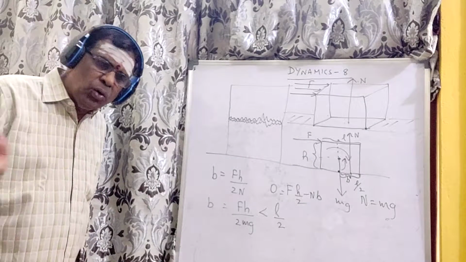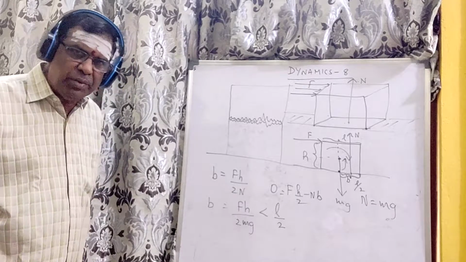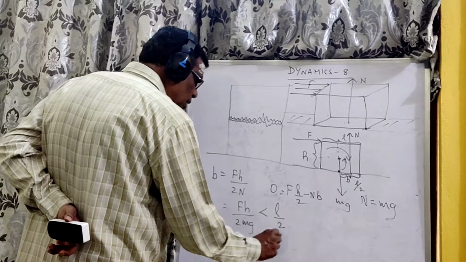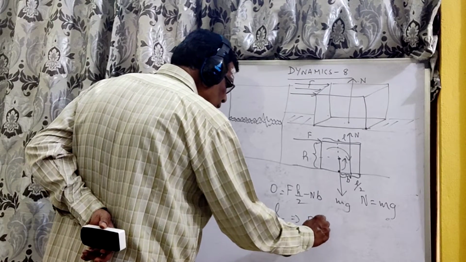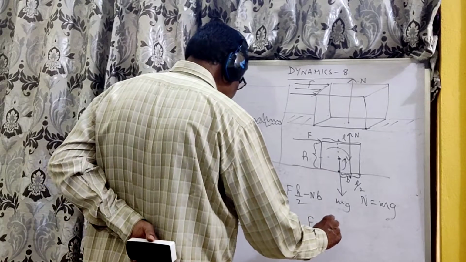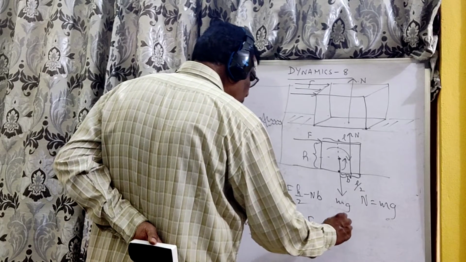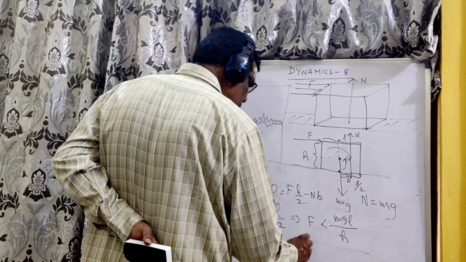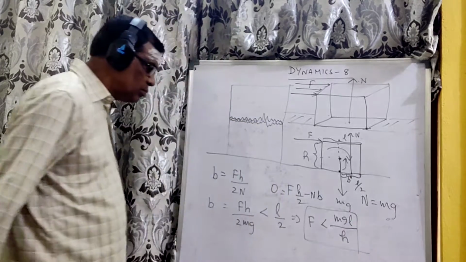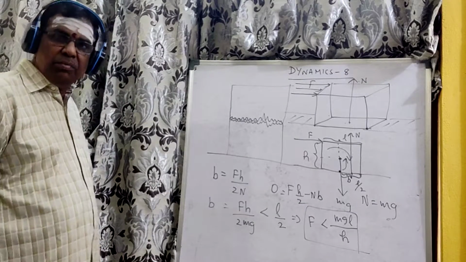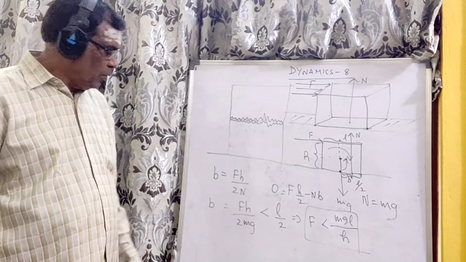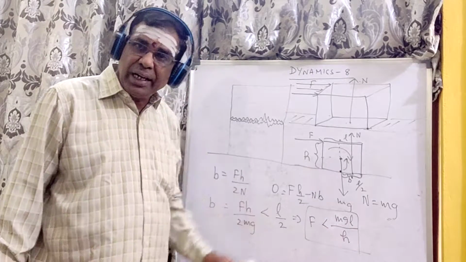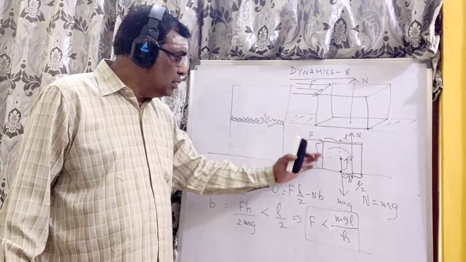Definitely, unless it goes to the edge, toppling doesn't come in. Therefore, this is less than L by 2. In other words, this implies F must be less than mgL by h.